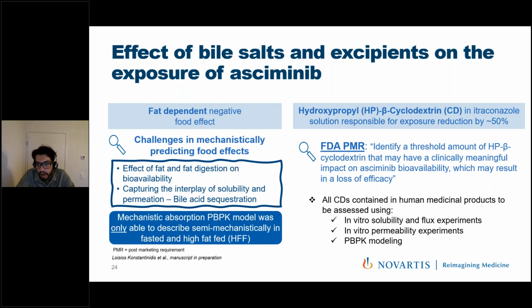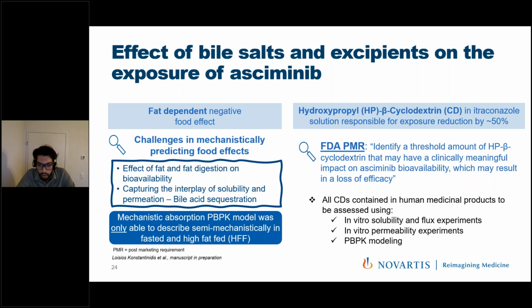And then with regards to the cyclodextrin, in addition to the other post-marketing requirement that I mentioned for the PPI effect, which we addressed, there is an ongoing post-marketing requirement by the FDA where we were asked to define a threshold beyond which the cyclodextrins do not affect the exposure of asciminib in a clinically relevant manner, and this has to be done for different types of cyclodextrin.